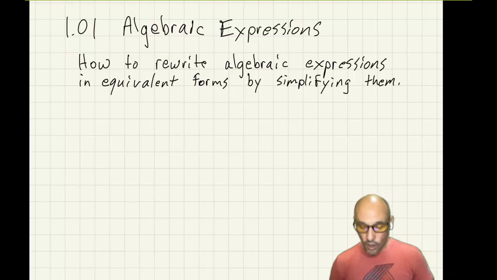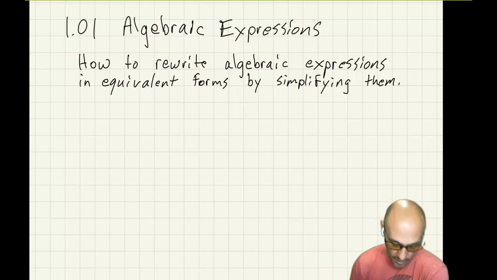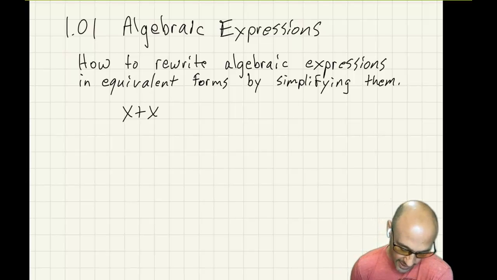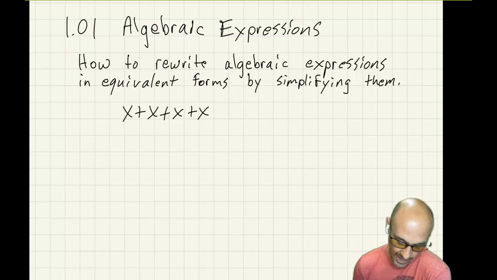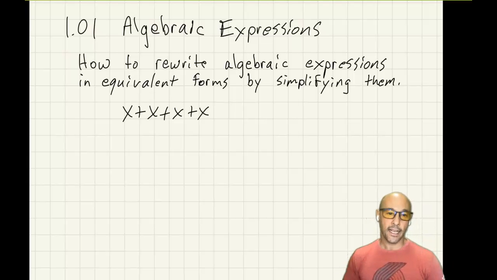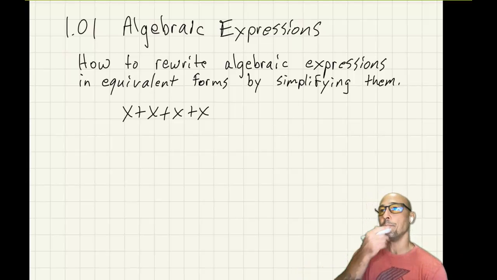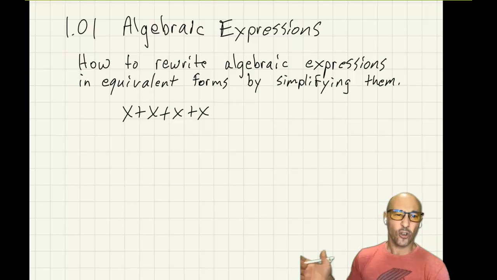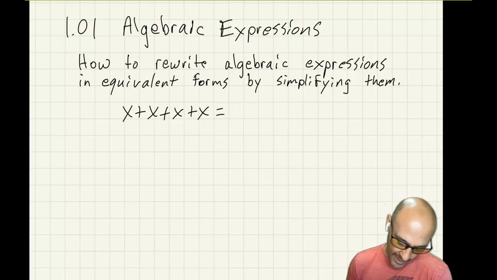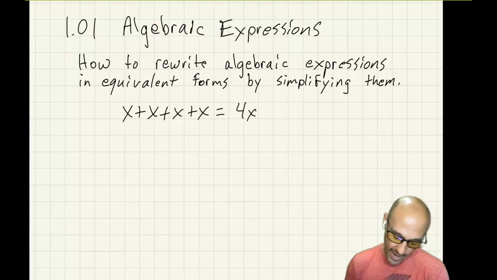So thinking about this x plus x plus x plus x. Now, we're adding x to itself 4 times. And mathematicians are inherently lazy. They're like, I don't like writing it so many times. How about instead I just write 4x?